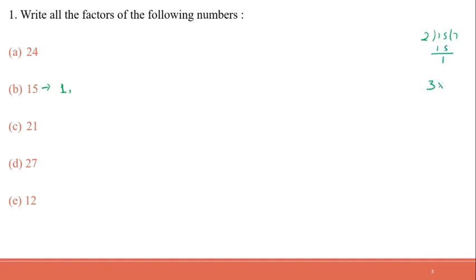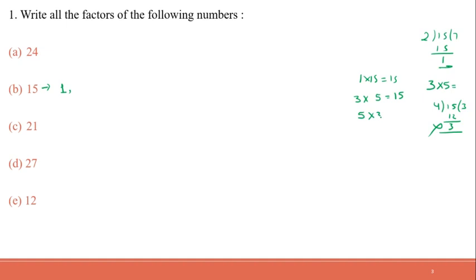Now come to 3. 3 into 5 is 15. Then 4. 4 will leave a remainder of 3. If you divide 15 by 4, you'll get 4 into 3, 12, and 3 remainder. That means 4 is not a factor.